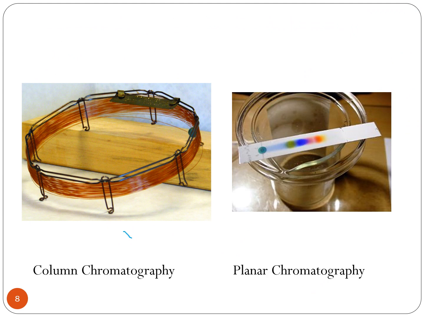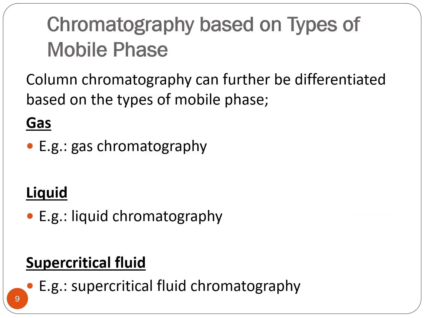Okay, ni this one is column chromatography, this one is planar chromatography. Dia punya stationary phase dalam narrow tube. This one, yang ni stationary phase dalam berbentuk flat plate ataupun paper.